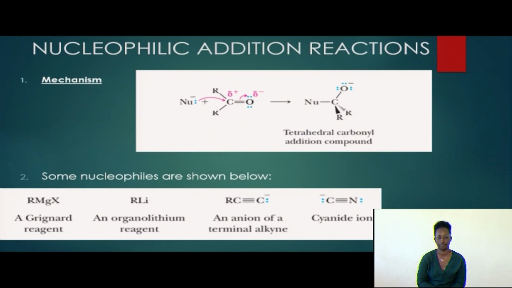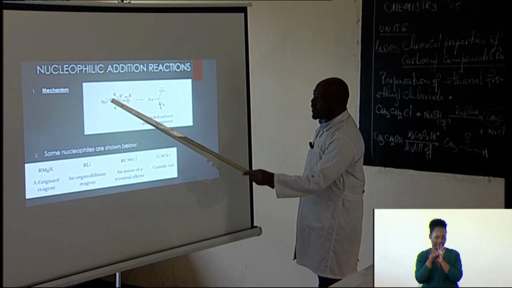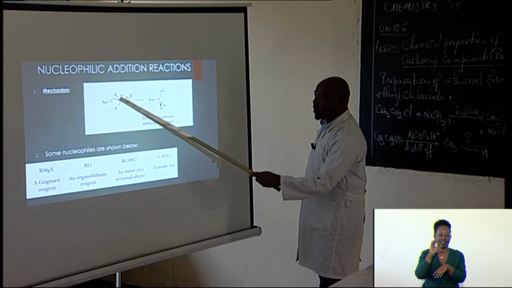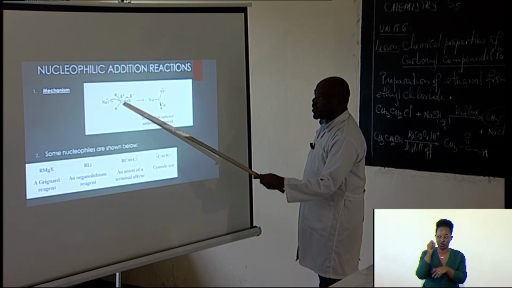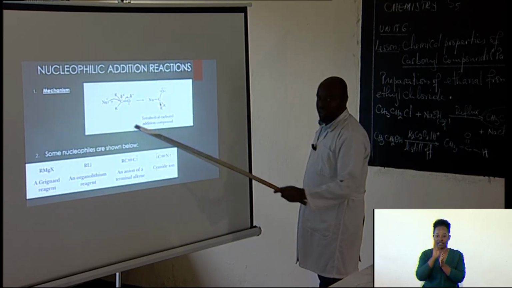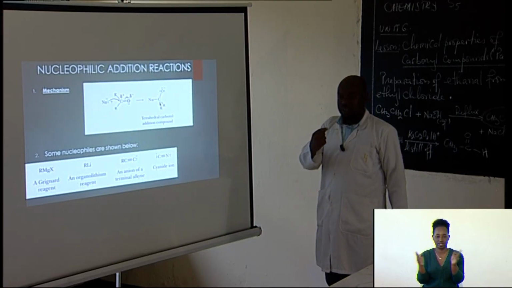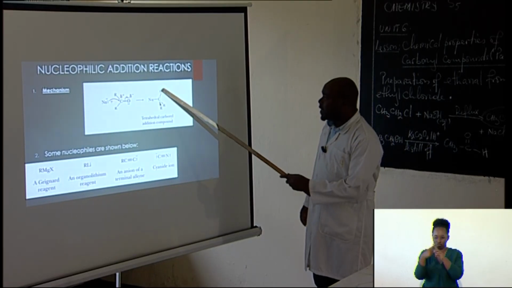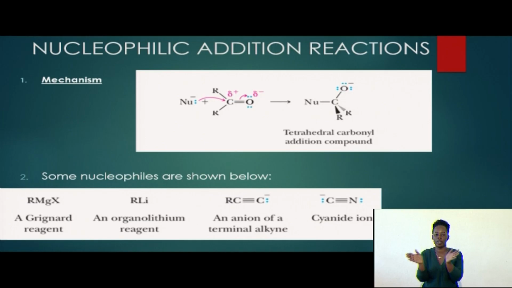So representing any nucleophile by Nu negative, it attacks the carbon, which is partially positive, and then the bond opens. The double bond opens to create a negative charge on oxygen. The double bond opens like this because oxygen is more electronegative than carbon.